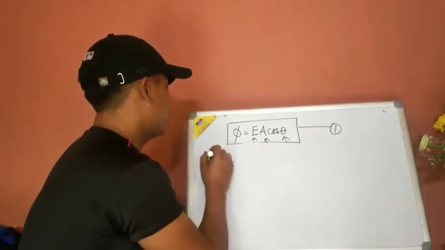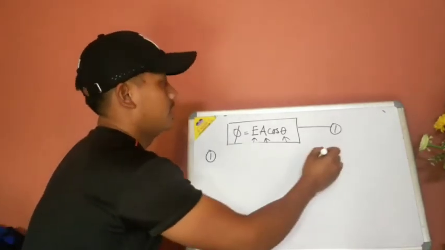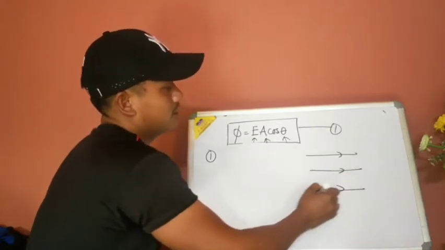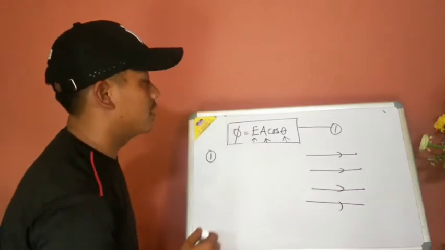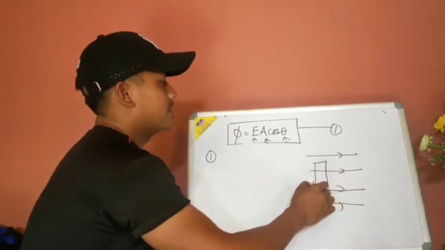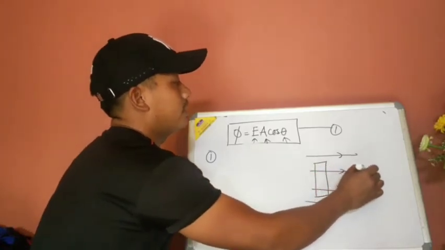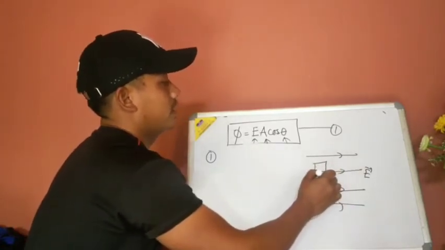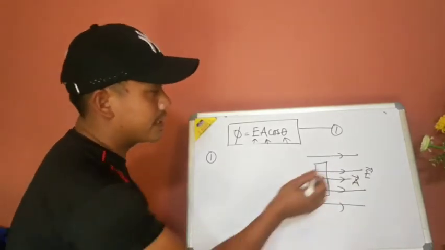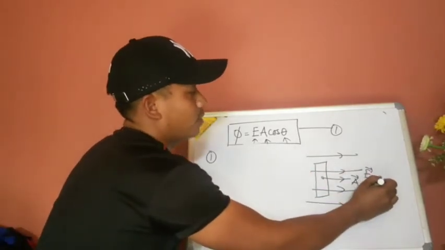Let us think of the first condition. When you have the electric field lines like this, and the surface is placed directly perpendicular to them, then the E vector and the area vector A are in the same direction. Then in this case theta will be how much?